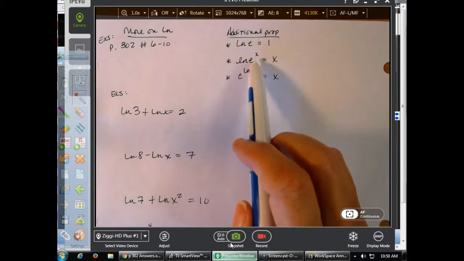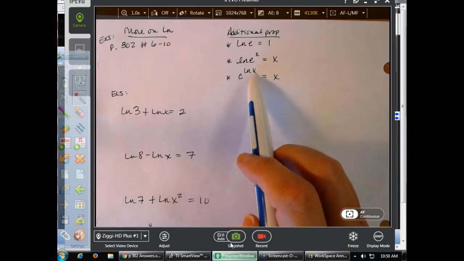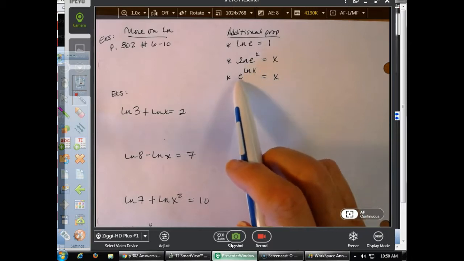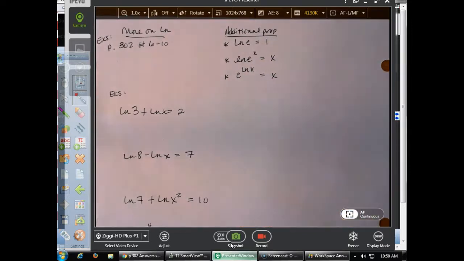This we talked about, that's just going to be x. Now here it's an exponential with a log as the exponent. Or this is like a power of a base of e with an exponent of log base of e. It's just going to be x. So we kind of just did some of those. Now, these are kind of the same type of things we did yesterday, but let's just do it with ln.